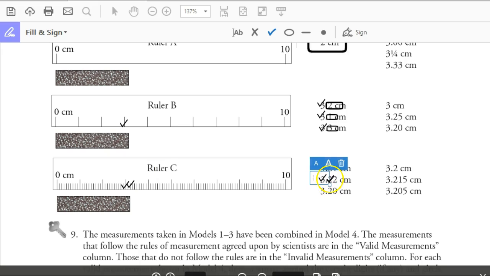So this 3 and this 2 are valid. However, the hundredths place is an estimation because we don't have a marking on the ruler. Had we had an additional little line in between the tenths lines, then we would have an accurate number for the hundredths place, but we don't.